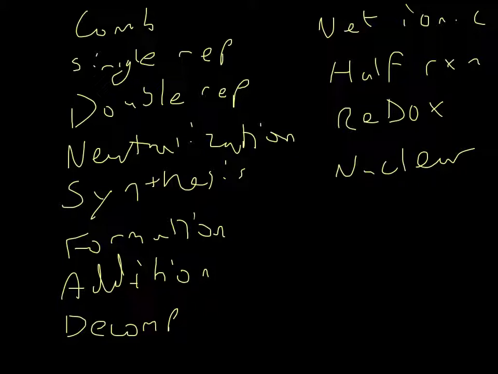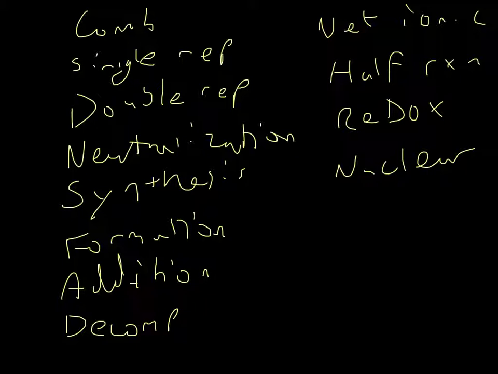So I could show you examples of all of these, but there would be no real point because you wouldn't learn much, and it would just be a bunch of busy work where you're just kind of floating through balancing. But you will see all of these throughout the year, and you will need to know what each reaction is called. So you just get a jump on it.